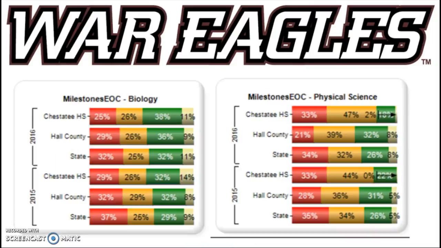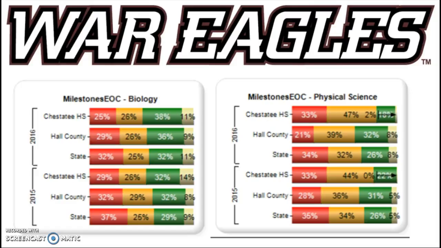Now, the biggest area of concern I have is, again, biology and physical science. Biology did go down in the amount of students at beginner level to 4%. But if you notice, we were at 46% of students that were distinguished or proficient, which did go up slightly in 2016.